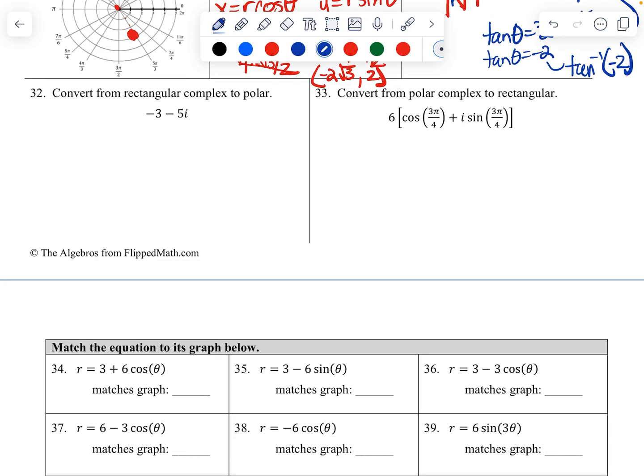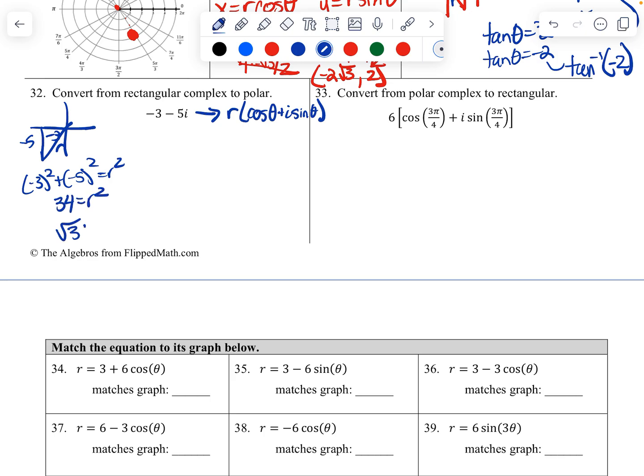Convert from rectangular to complex polar. So we're asked to go to r cosine of theta plus i sine of theta. Same thing, I'm going to graph this. -3, -5, our radius. -3 squared plus -5 squared, so 25 plus 9 is 34.